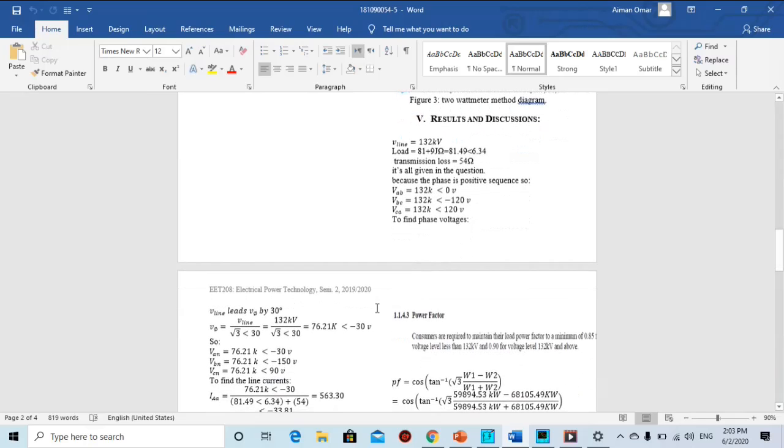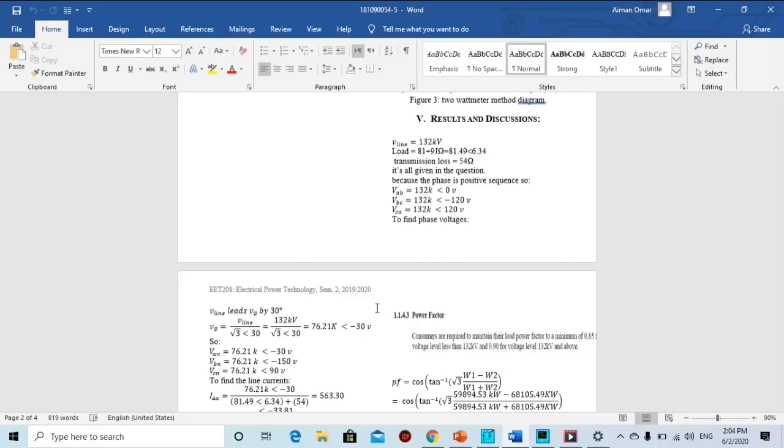Because it's three-phase Y to Y, the V phase equals V line over square root of 3 angle minus 30, so 132K volt over square root of 3 angle minus 30 will equal 76.21K. So VAN equals 76.21K angle minus 30 volt.